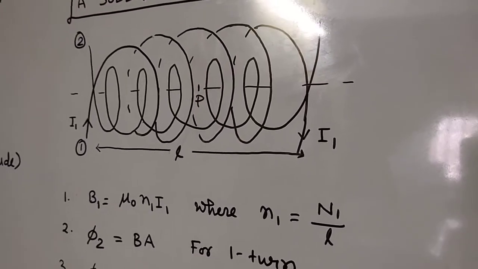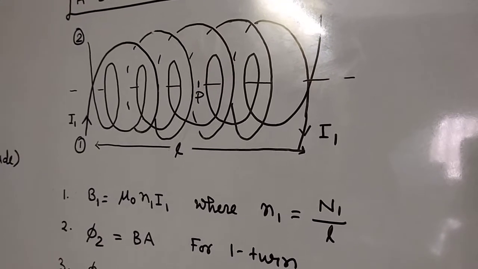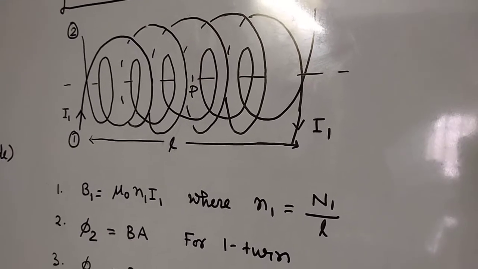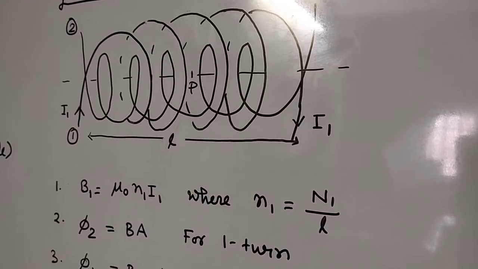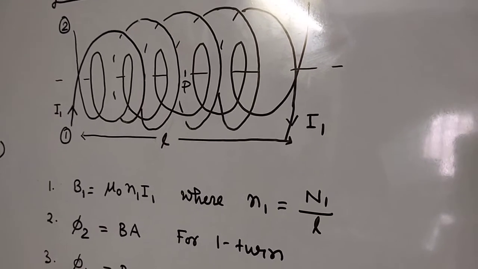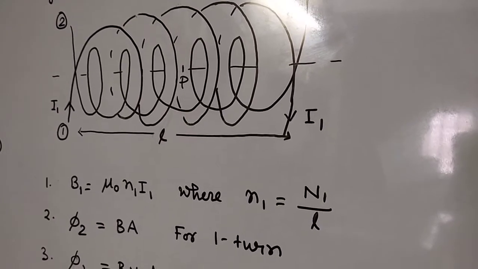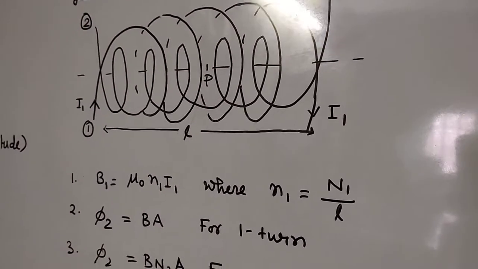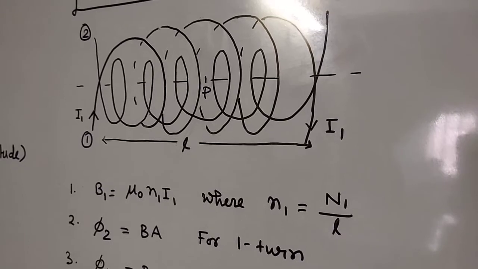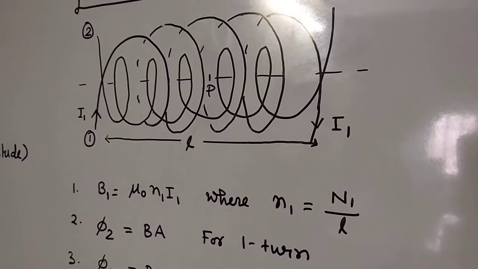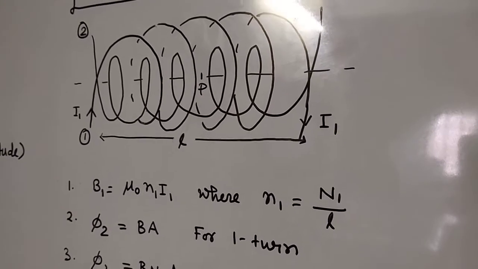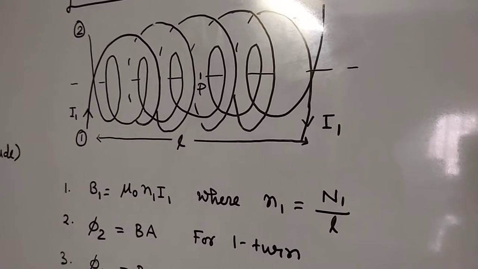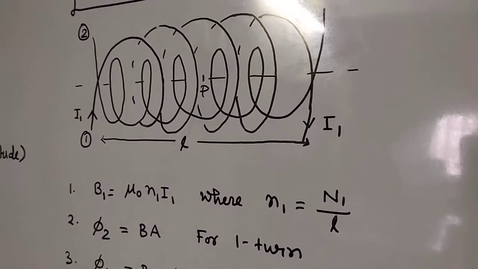Number 1, B1 equal to mu naught n1 I1. n1 is your capital N1 by L. Capital N1 is the total number of turns, and small n1 is your number of turns per unit length. Now current is flowing through the solenoid 1, and here we have to define magnetic flux in solenoid 2.